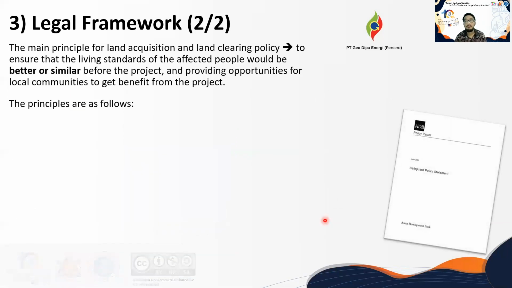For the safeguard policy statement, the main principle for land acquisition and land clearing policy is to ensure that the living standards of the affected people will be better, or at minimum similar to before the project, and to provide opportunity to get benefit from the project.